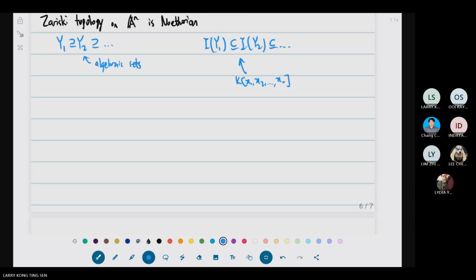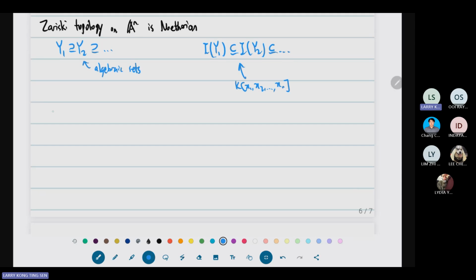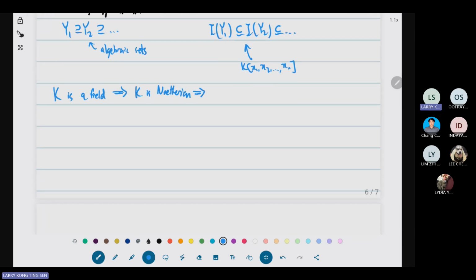As you can see, from week 1 we also have that K is a field, which implies that K is Noetherian. And K being Noetherian further implies that the polynomial ring is also Noetherian.